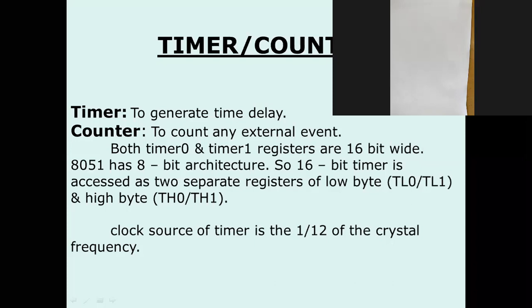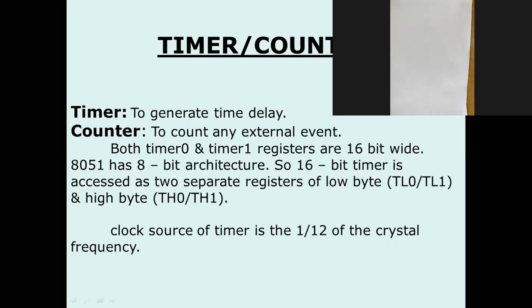One timer is denoted by T0 and another by T1. T0 has a higher and lower part, and T1 also has a higher byte and lower byte, denoted by TL0, TL1 and TH0, TH1. The clock source of the timer is 1/12 of the crystal frequency.